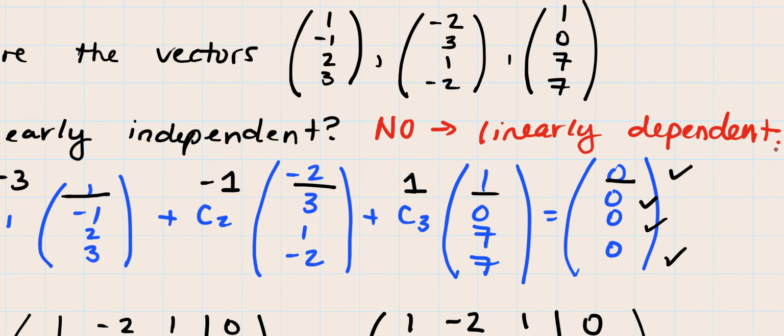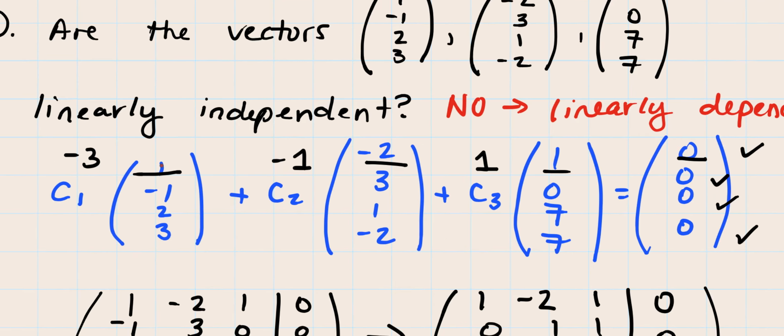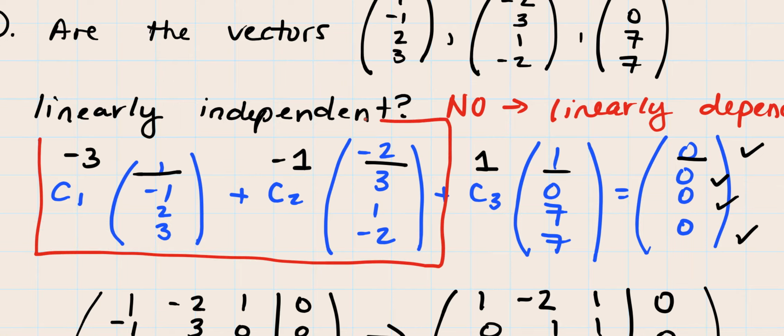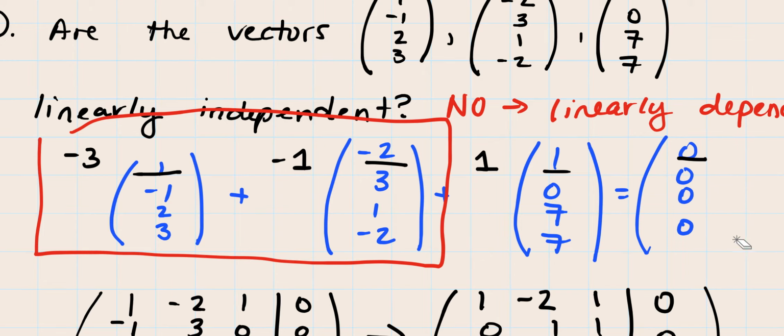And think about what the word dependent means. That means one of these vectors depends on the other ones. And you can see that. If we plug in this -3 and this -1, you can see that if we move these to the other side, we add the 0 vector to them, what we're going to get is 3 times this one plus 1 times this one is a linear combination, and if we add those together, we'll get this vector.